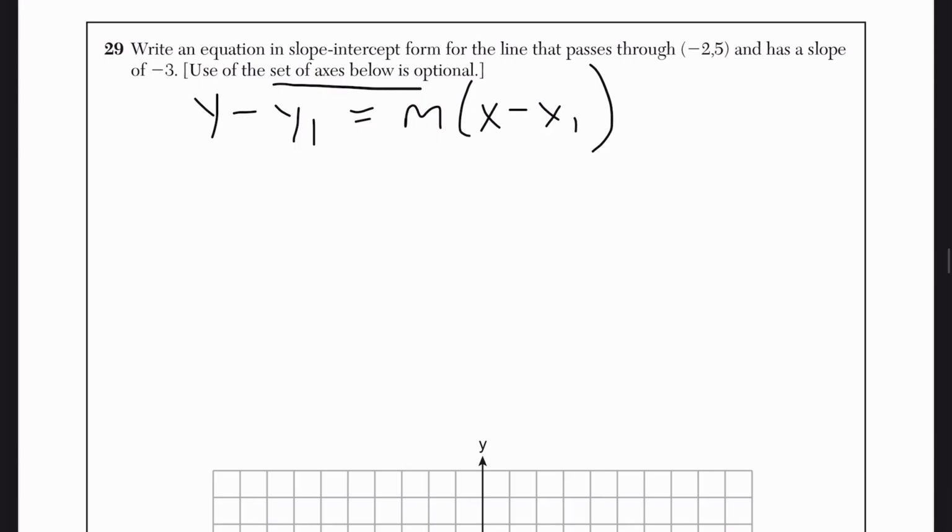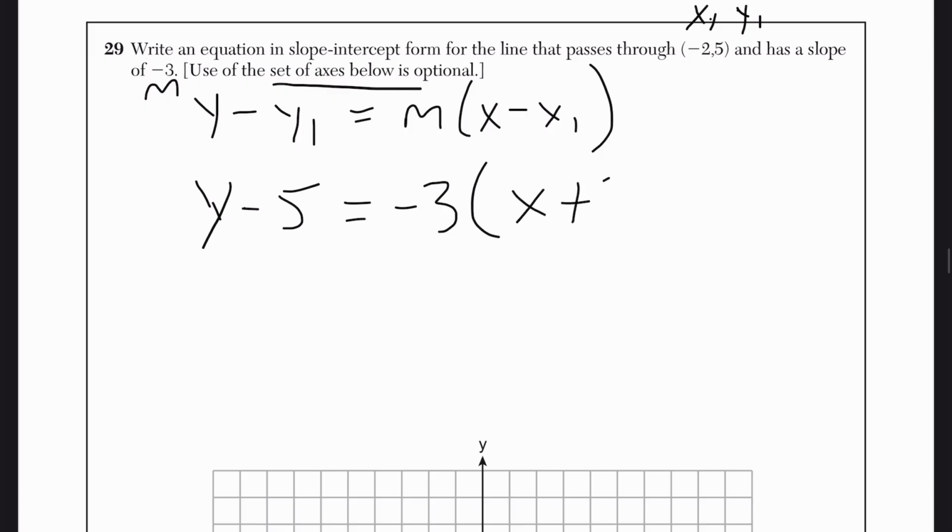If you want to label, m is the slope, x1 is the x-coordinate, and y1 is the y-coordinate. So this would be y minus 5 equals negative 3 times x minus negative 2. Is it alright if I simplify that to positive 2? Keep change opposite.